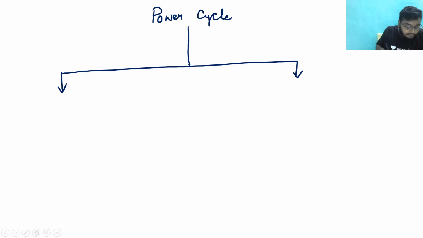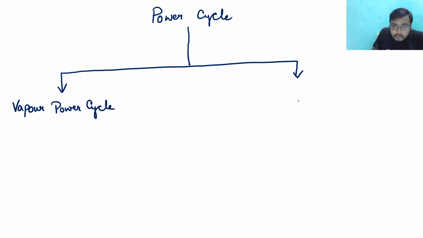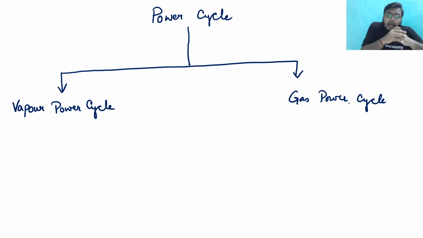First type is the vapor power cycle, and the second is the gas power cycle. See, dear friends, see how I have classified the power cycle into vapor power cycle or gas power cycle.